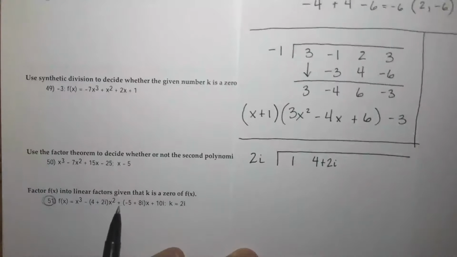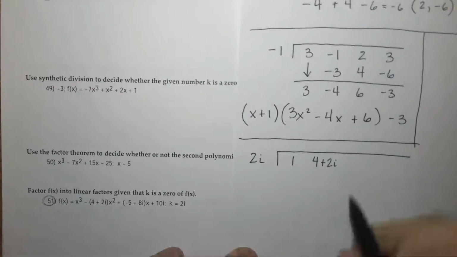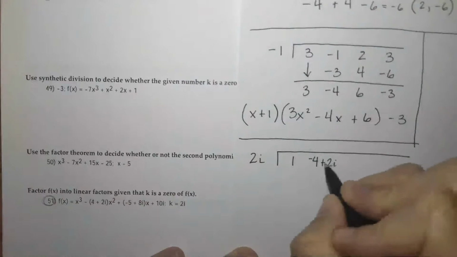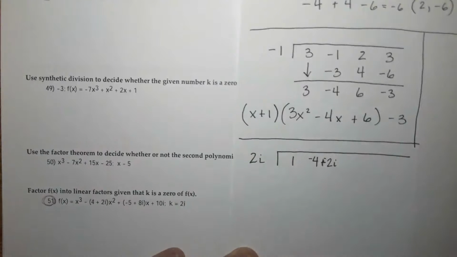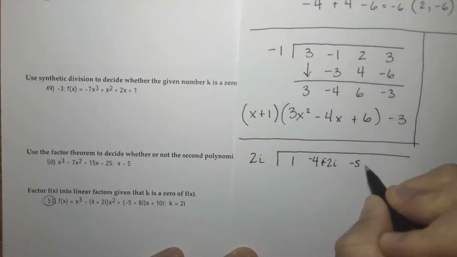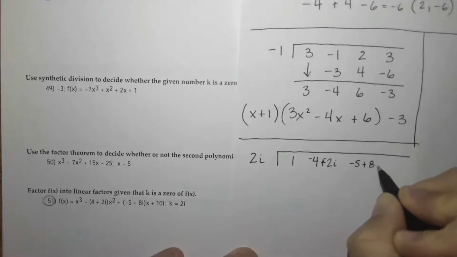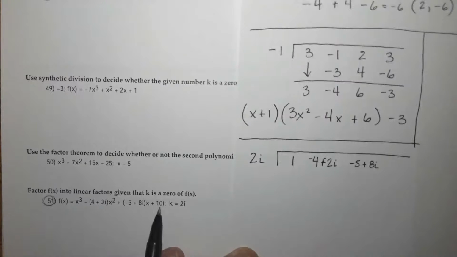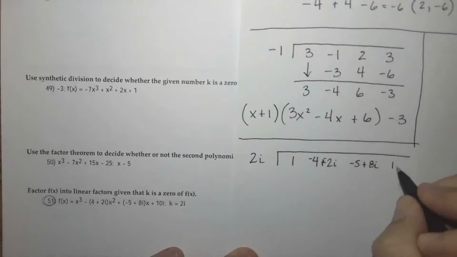And then our, oh, hang on. That isn't what that is. We got to distribute this negative. So that's actually a -4 minus 2i. And then we got -5 plus 8i. And then we got a 10 at the end.